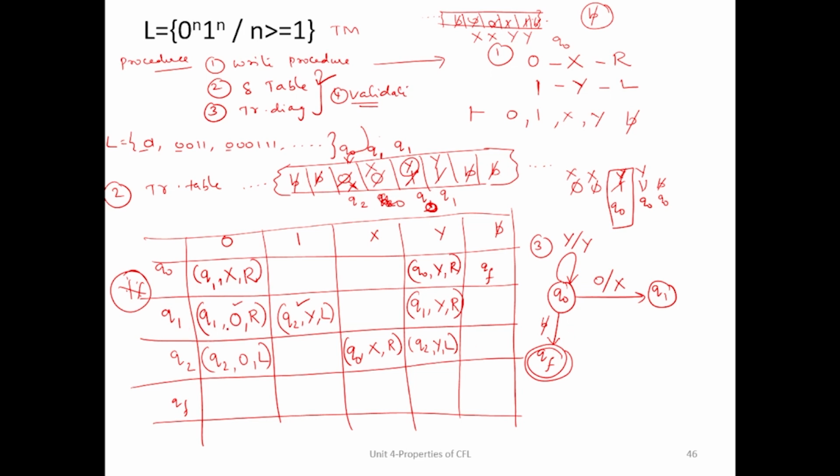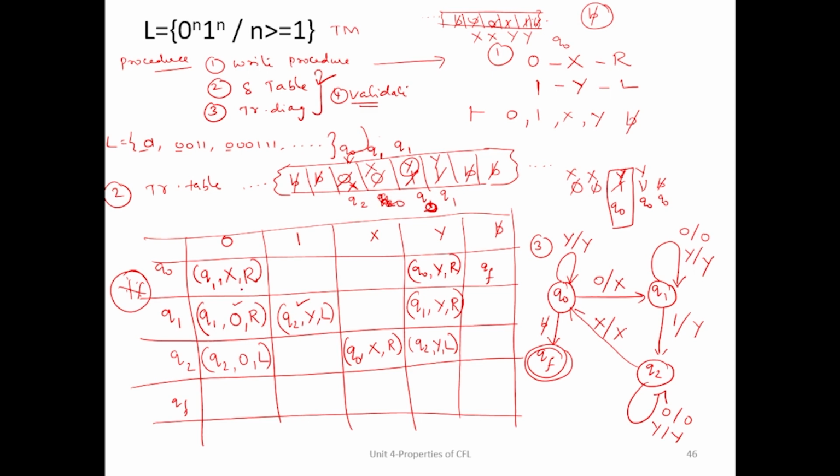Then you check Q1. Q1 contains the same state Q1, with the symbols 0 and Y. So Q1 contains self loops: one self loop with 0, there is no replacement, and another self loop contains the symbol Y. And Q1 goes to the Q2 state when it reads 1, then that 1 is replaced with Y. Then from Q2, self loops are available for 0, 0 and Y, Y. If it reads X, it will go to the Q0 state with no replacement.